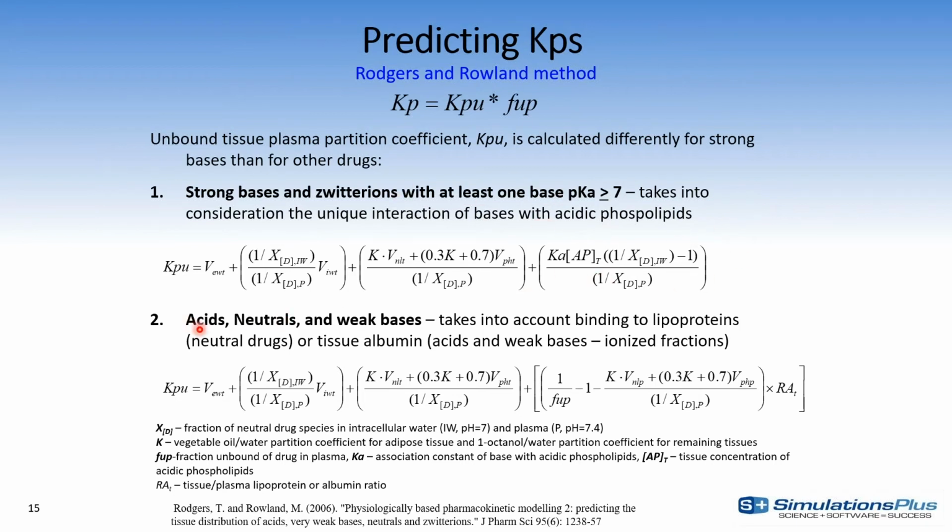If you have acids, neutrals, and weak bases, then they take into account the binding to the lipoproteins and tissue albumins. As you can imagine, with the sharp separation at pKa equals 7, you will cause a discontinuity in the Kp estimations.